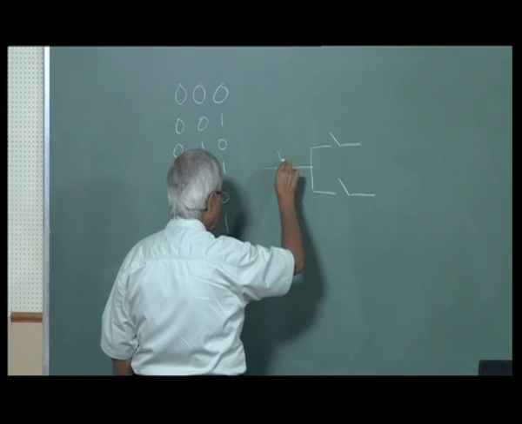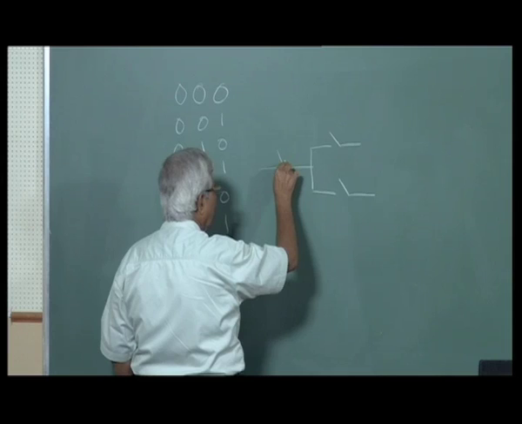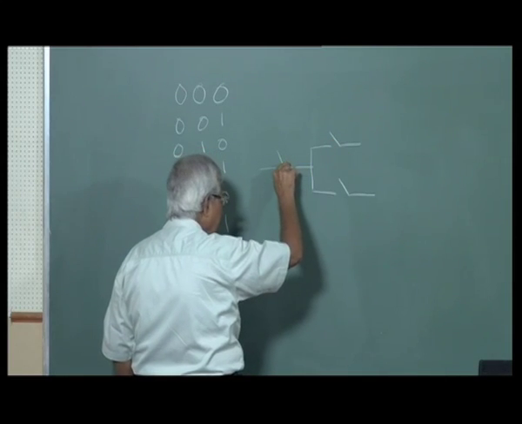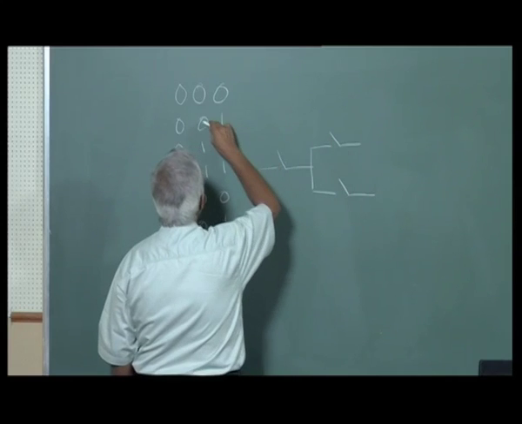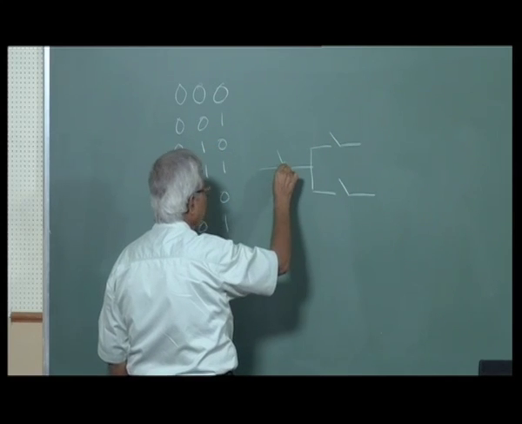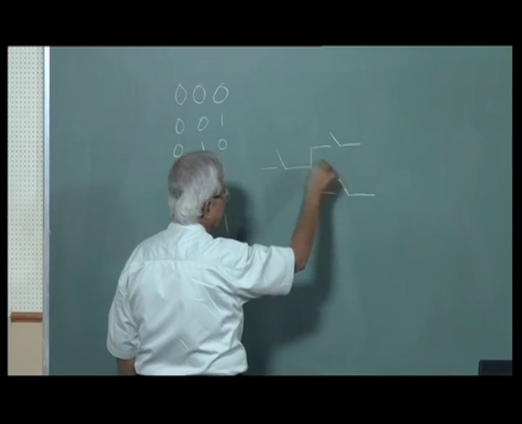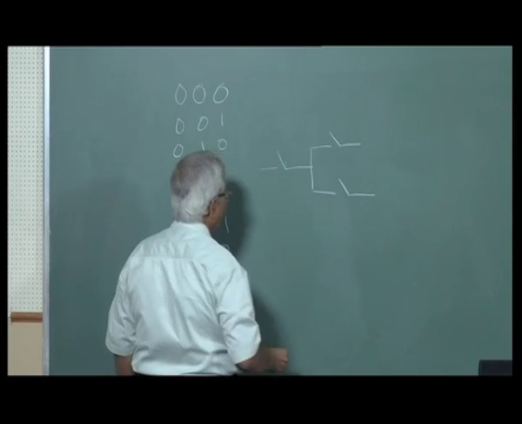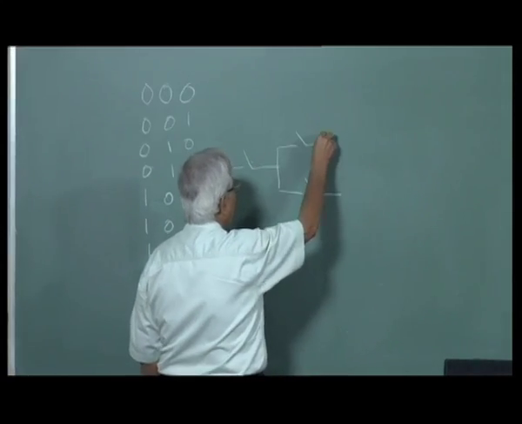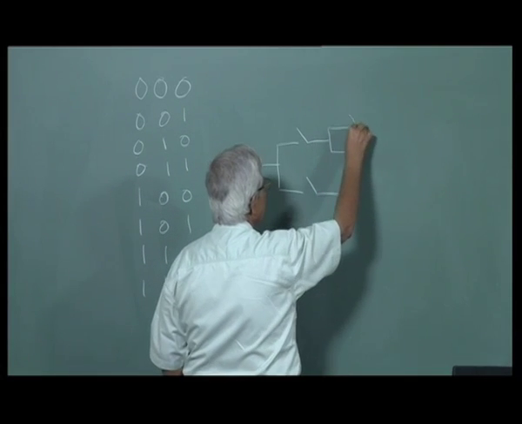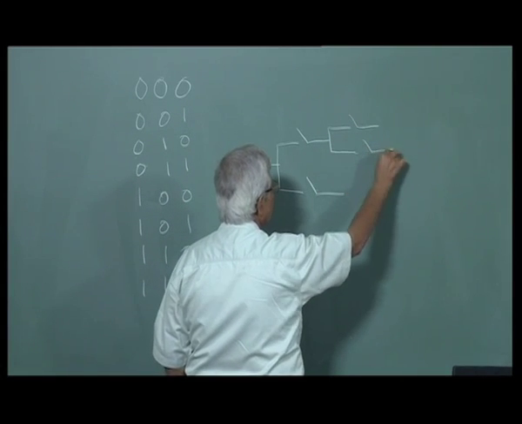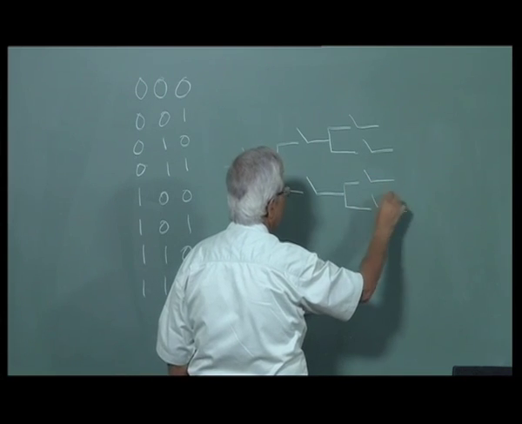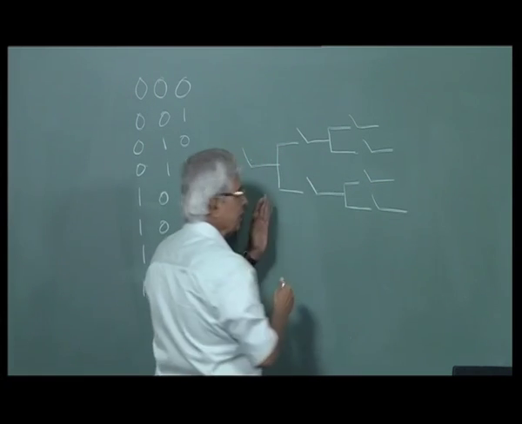If this is open, this is 0 and this can also be 0. This can still be 0 and this can be 1. Or this is closed, this is 1, this can be 0, this can be 0 and 1 and 1. Now this level will have 2 more. So this is how we form the switches.